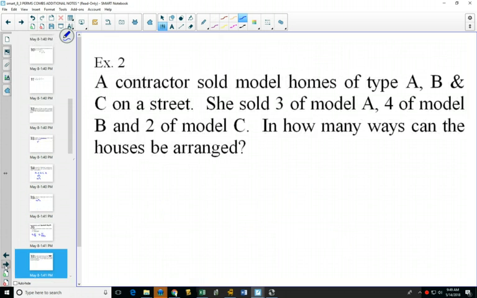So there's a new street being built. You could choose one of 3 types of houses. If you go down new developments, it sort of seems like this is the case. You have a lot of houses that kind of look the same. She sold 3 of Model A, 4 of Model B, and 2 of Model C. How many ways can houses be arranged? So we can imagine this as a word.